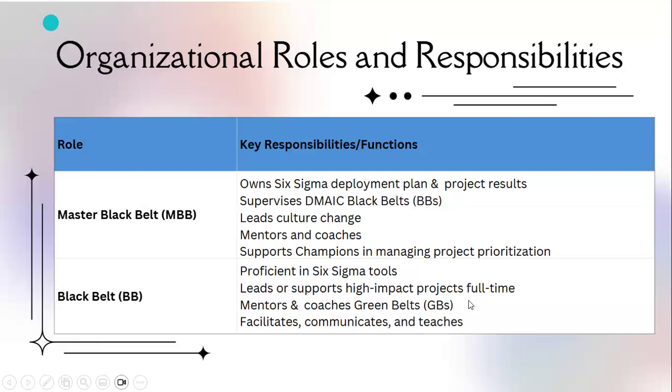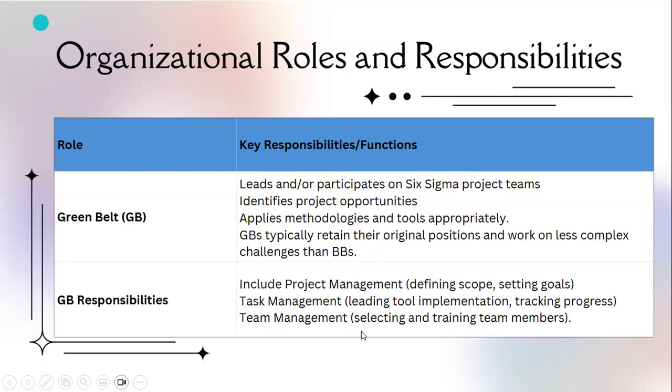They lead and support high-impact projects, and mentor and coach green belts. Just as the MBB coaches the black belt, the black belt is going to coach the green belt. They facilitate, communicate, and teach what is needed, and lead or participate in Six Sigma project teams and identify project opportunities.